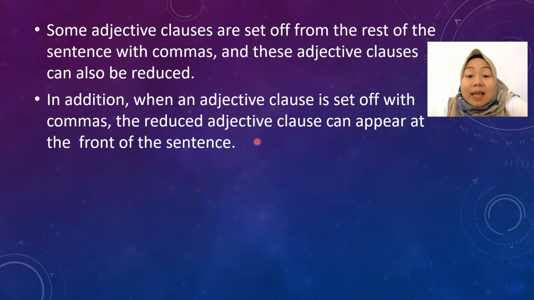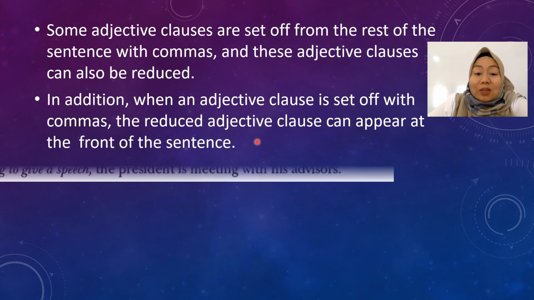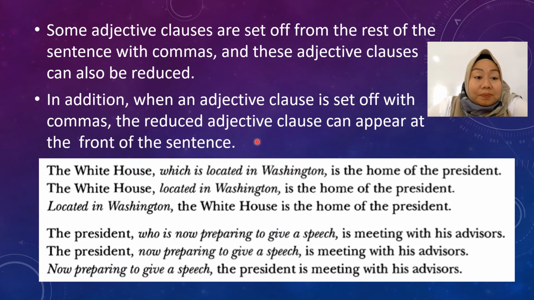It means that if we have adjective clauses which are set off from the rest of the sentence with commas, then we can reduce the adjective clause, and once it is reduced, we can move this reduced form to the beginning of the sentence. Let's take a look at the example.